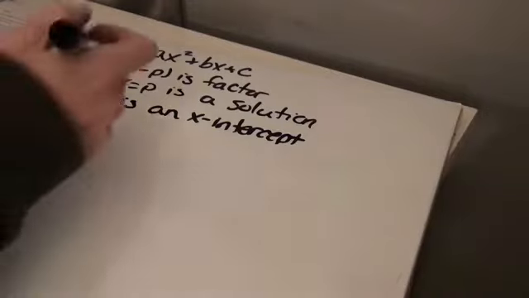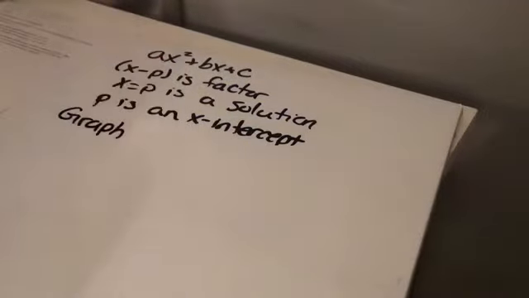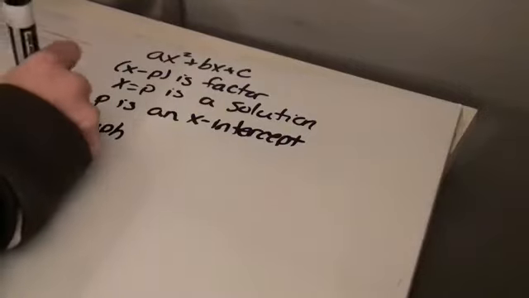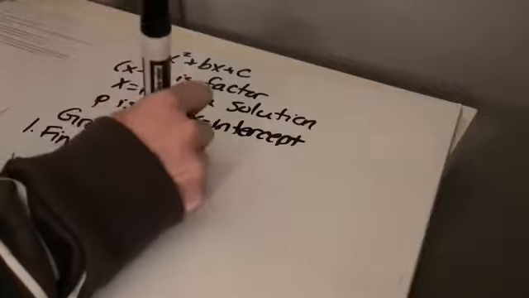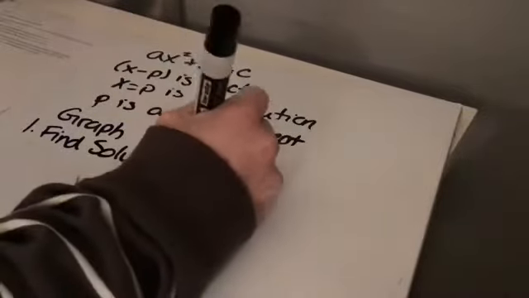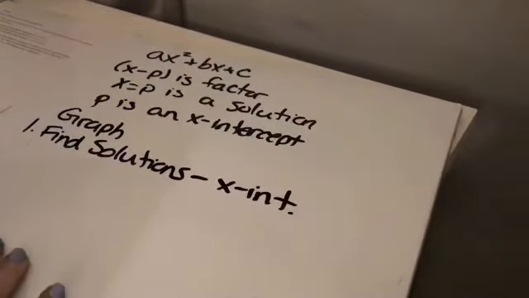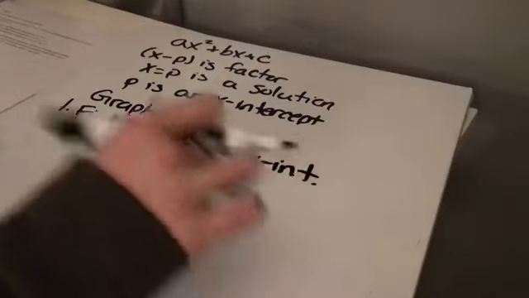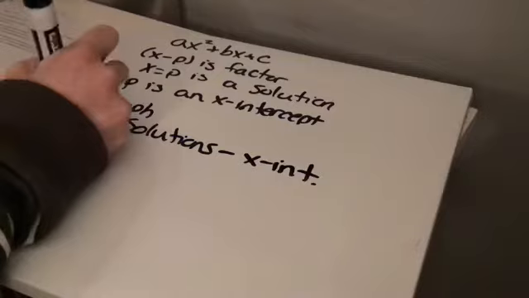So first, when it's in factored form, we're going to find the solutions, because those tell us the x-intercepts. Okay, then once you have the solutions, you can find the x-coordinate of the vertex.